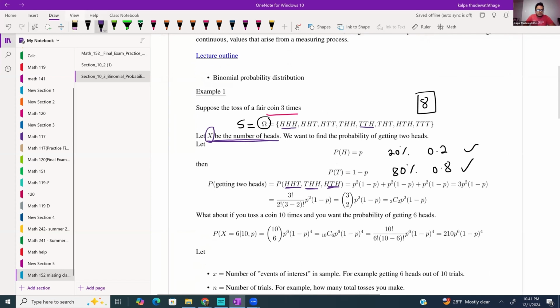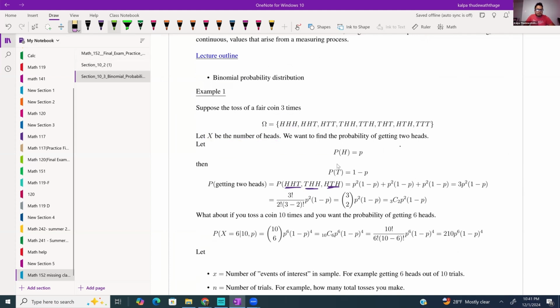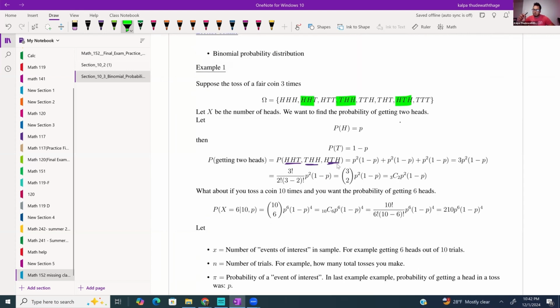Okay, so I'm going to erase these things and explain. There are 8 different possibilities, but 2 heads can happen here and here. Only 3 situations have 2 heads.